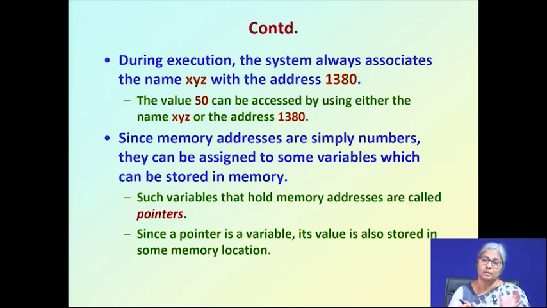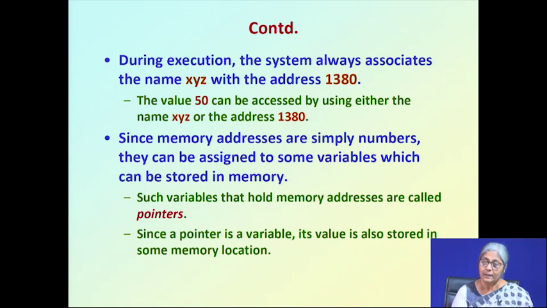It contains a memory address like 1380. I can use ampersand xyz, because we already know ampersand gives the address, or I can use 1380 directly. That means this is a pointer variable. Since a pointer is a variable, its value is also stored in some other memory location.